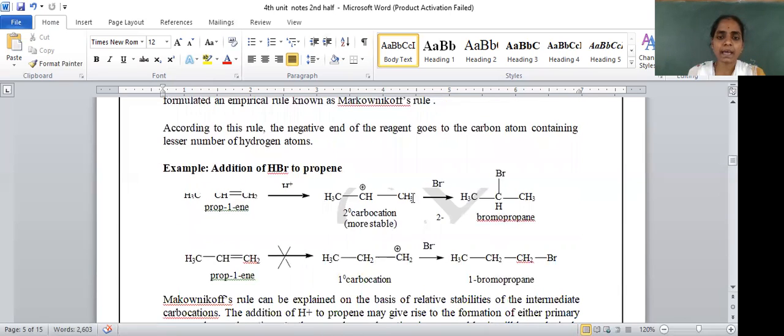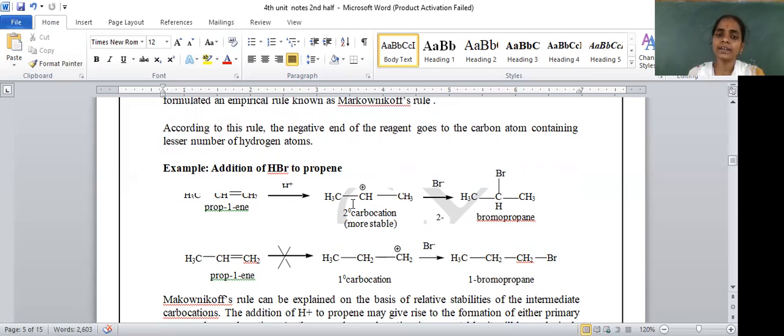If you see the example here, simple propene. Prop-1-ene, when hydrohalogenation is done, first forms a secondary carbocation. Then bromine wants to give its electrons to the carbocation by forming a bond.